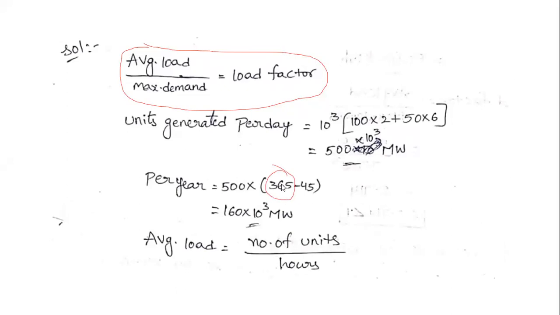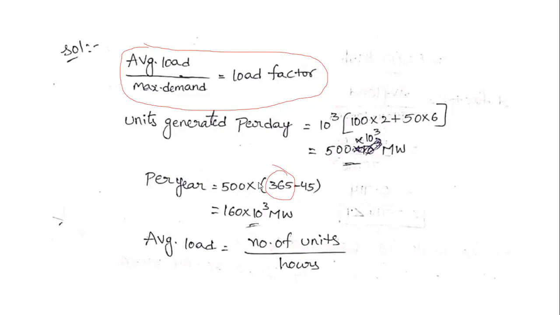Therefore, the total days the power system will run is 365 minus 45. So 365 minus 45 into the number of units generated per day, which is 500.